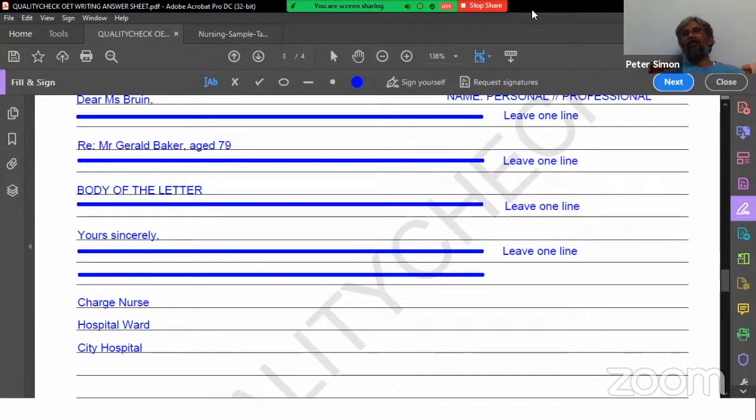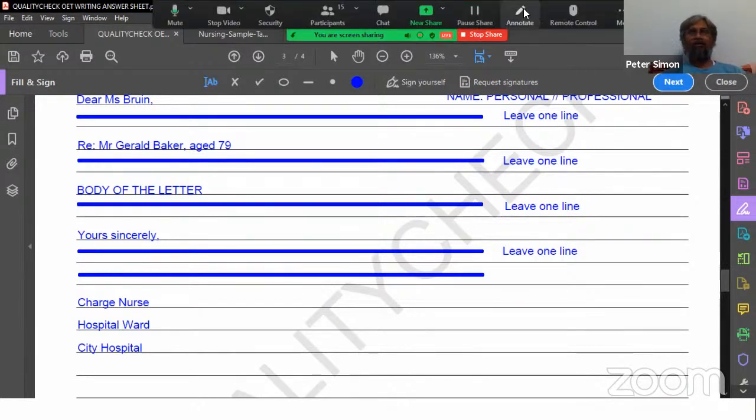So if you are clear with this, the first round is closed. Let us close this one and then go to the body part, because that is more important. There is nothing important here, but they are needed. They are required to make the 100% of the letter.